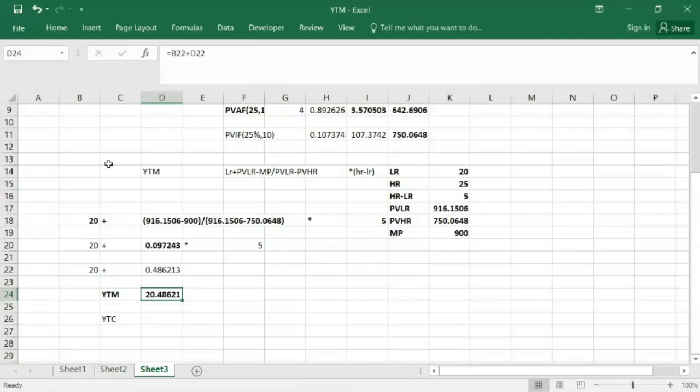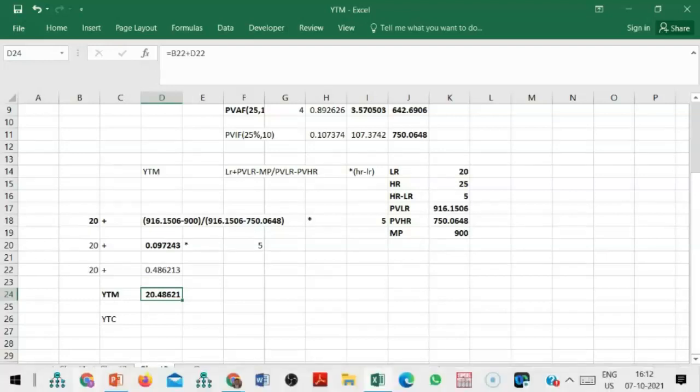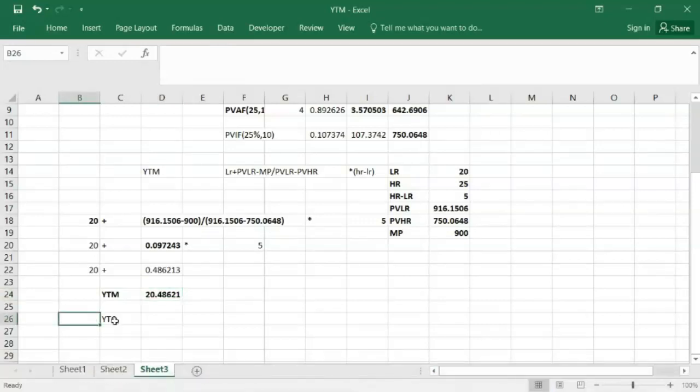Nothing else. Apart from this, all other values remain constant. Whatever calculation you did, it is equal to the yield to call. So you know that yield to call is an option given by the company or issuer to the investor.